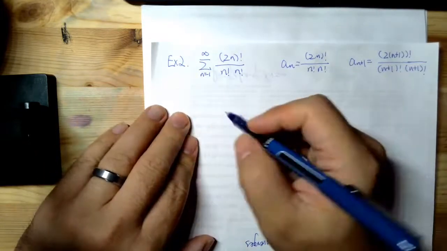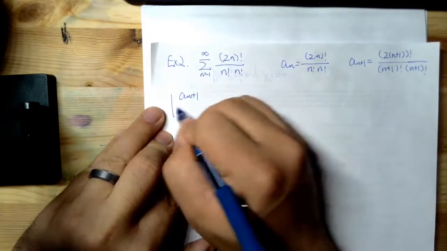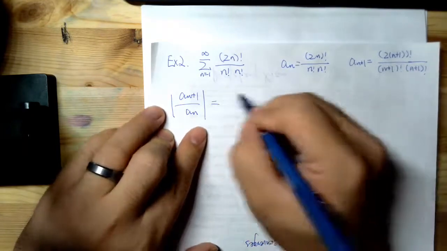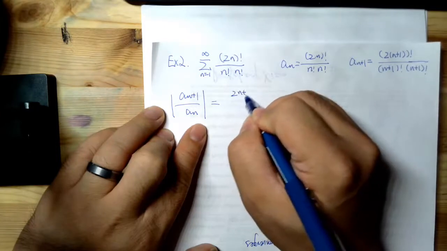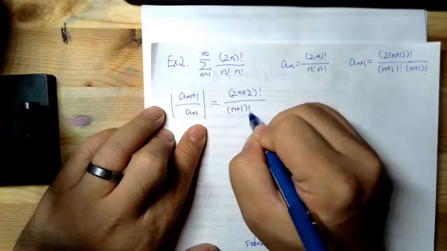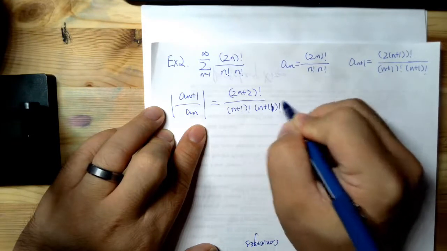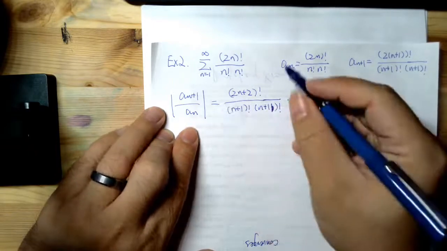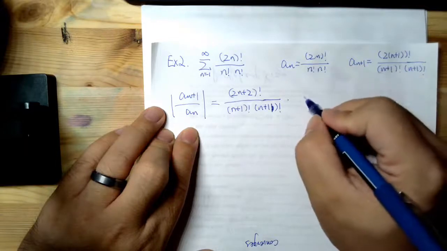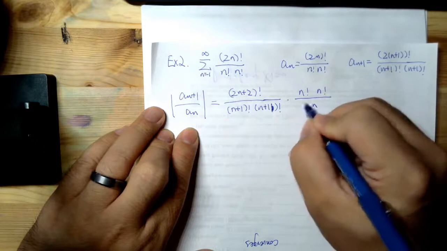And the absolute value of an plus 1 over an, again, those are all positive, so I write it as (2n plus 2) factorial over (n plus 1) factorial times (n plus 1) factorial, and over an, which is equivalent to multiplying by the reciprocal, so it's n factorial times n factorial over (2n) factorial.